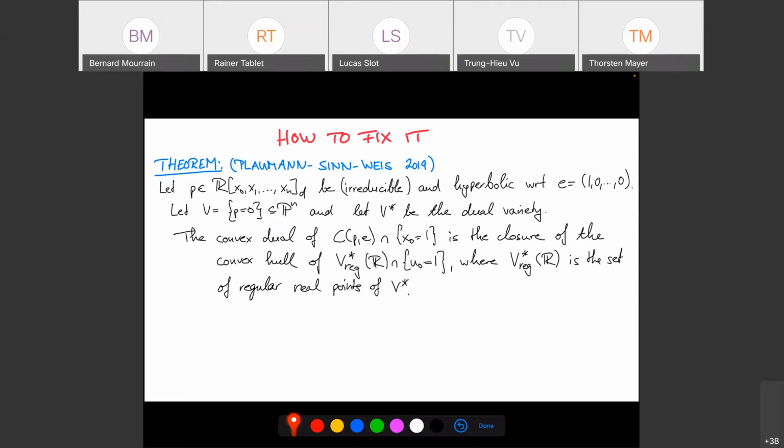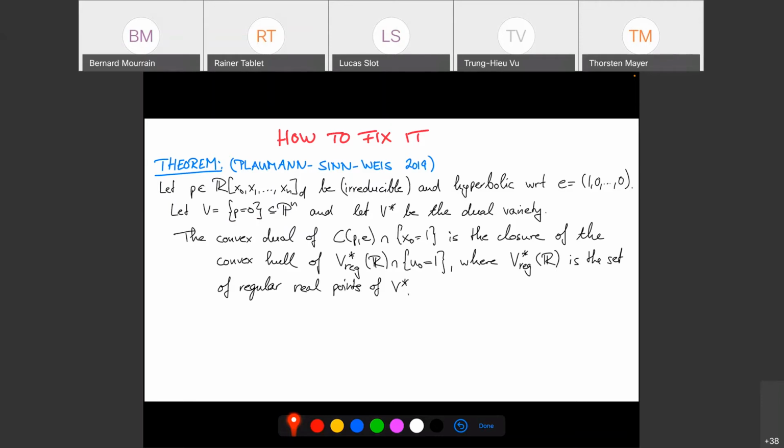And we suppose that it's hyperbolic, so we choose coordinates so that this hyperbolicity direction is the first canonical basis vector, and we look at the projective variety defined by this. This is now in P^n, and we take the dual variety as explained before.